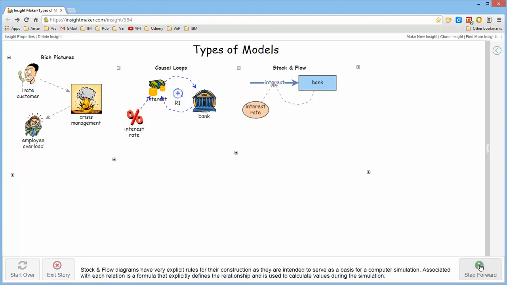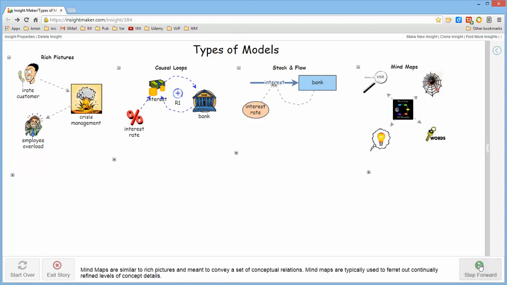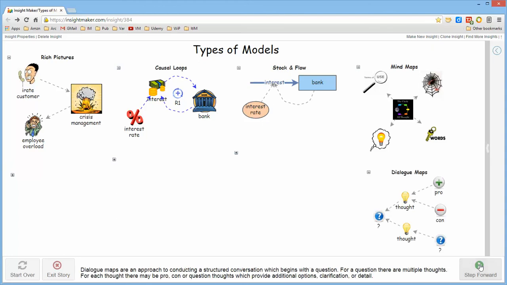Stock and flow simulation models, when qualitative models are not sufficient, when you ask how much or why questions or about certain models to understand how the implications unfold over time, the only way to develop that understanding is via a simulation. Mind maps, typically used to take a central thought and evolve the relationships to that central thought outward from that central thought.